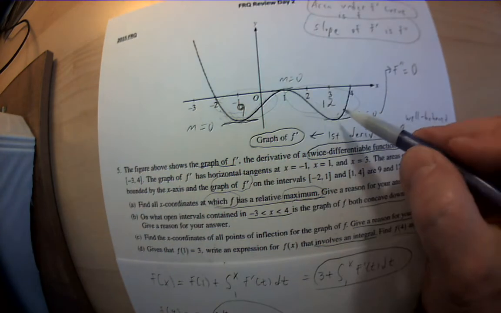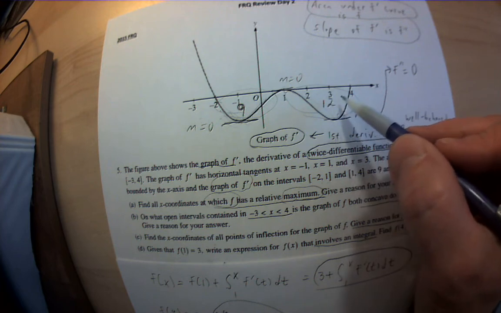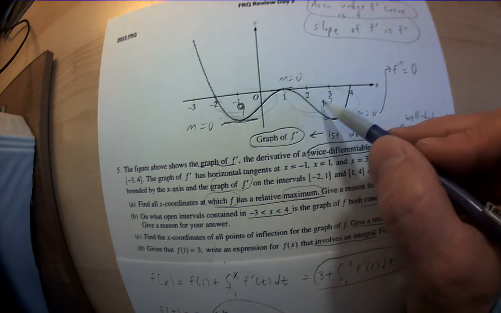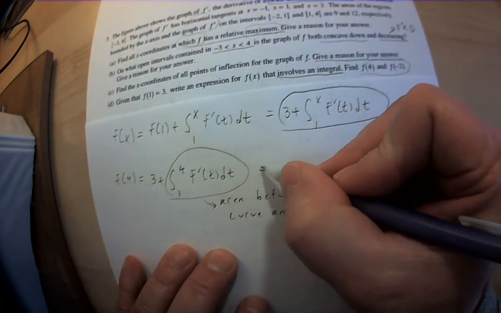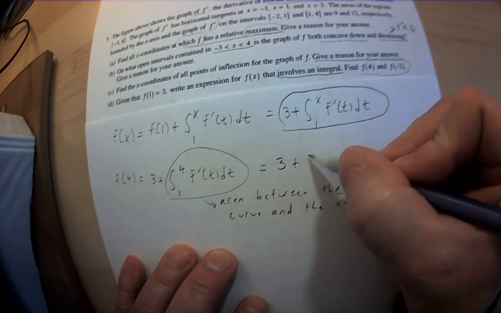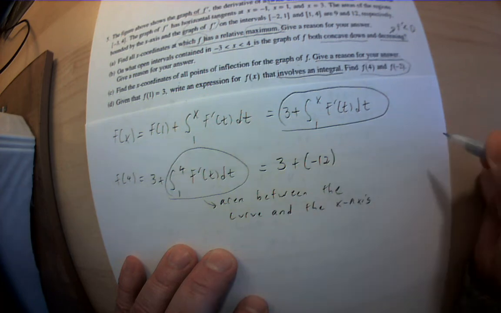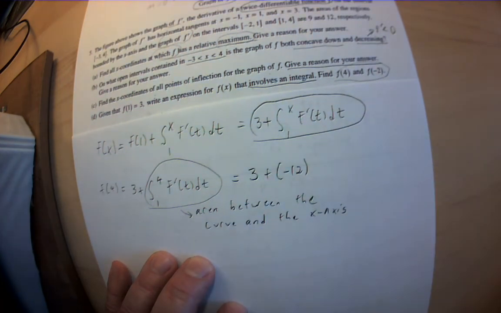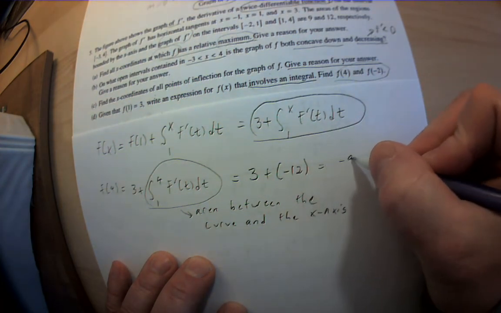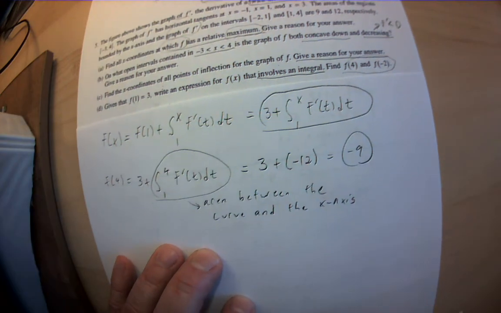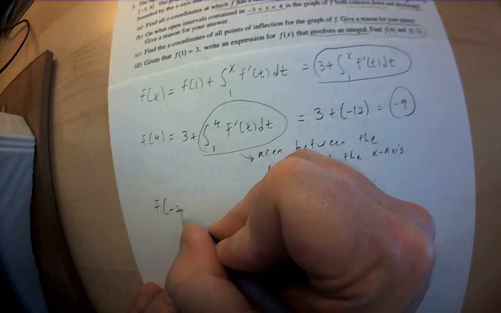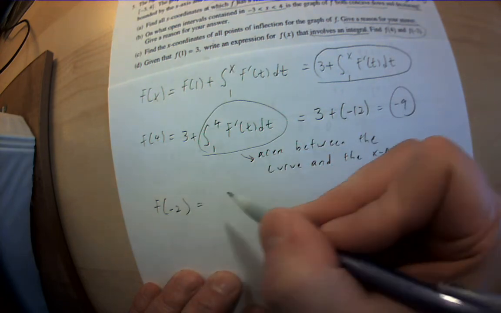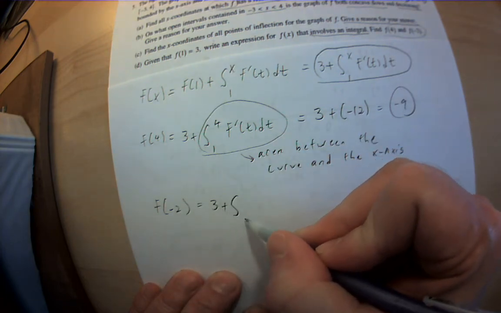So they told me up here, it's that, okay? Now guys, be careful. It's below the x-axis, so it's negative. So this is 3 plus negative 12. Because that area is underneath the axis, I add them together, negative 9. That's another point, okay?